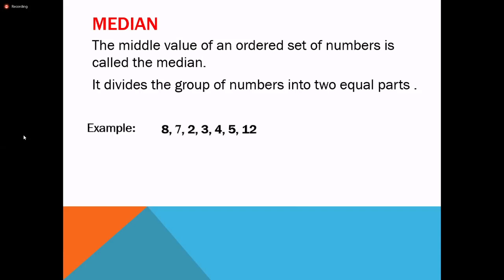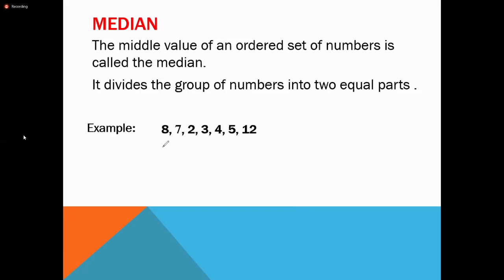Example, let's say here I have taken 7 numbers. How do we find the median of these 7 numbers? But before going to calculate the median, first we have to make them an ordered pattern. What is the lowest value here?